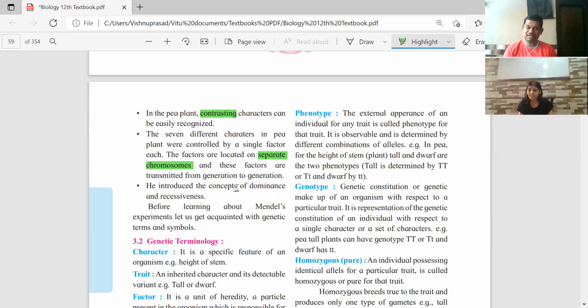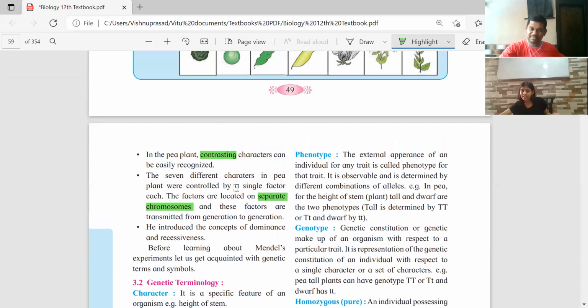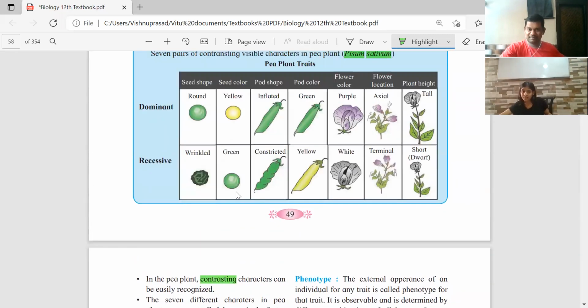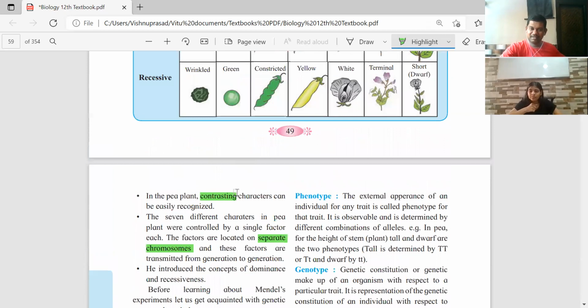And genes are responsible for coding for a character and passing it on. तो pea plant के cell के अंदर जितने chromosomes थे, diploid number was of 14 as the number, so 7 duplicates. So all these 7 characters के genes, they were present on 7 different chromosomes.